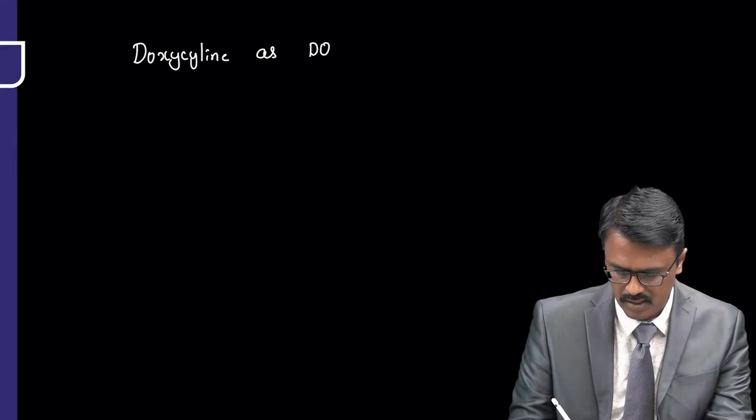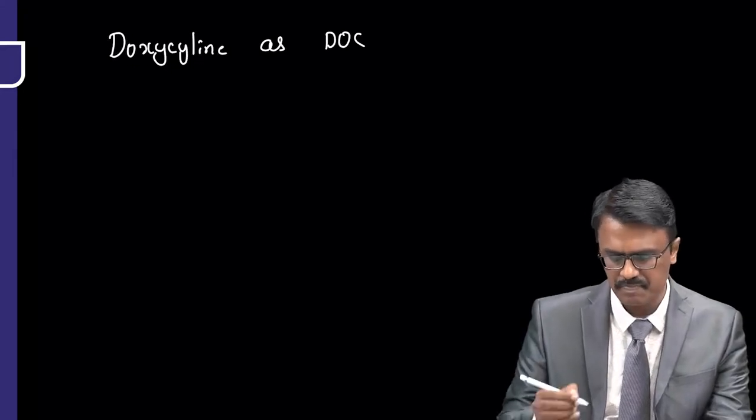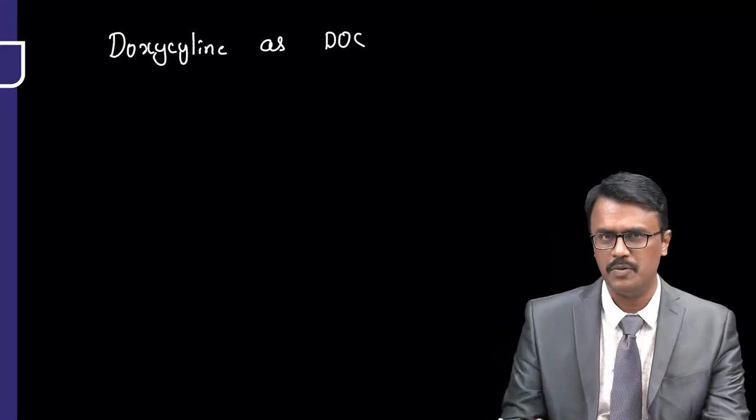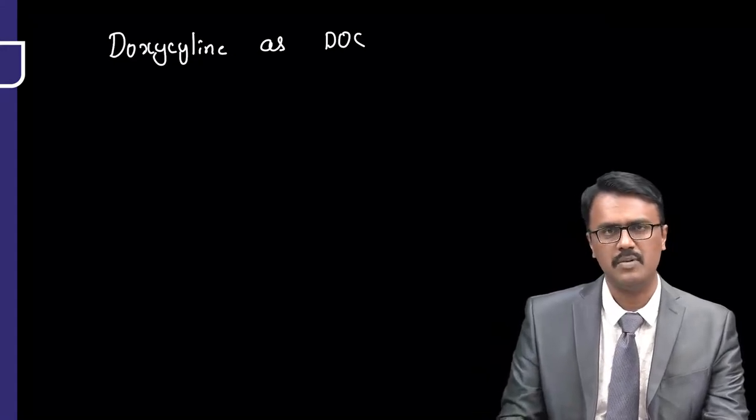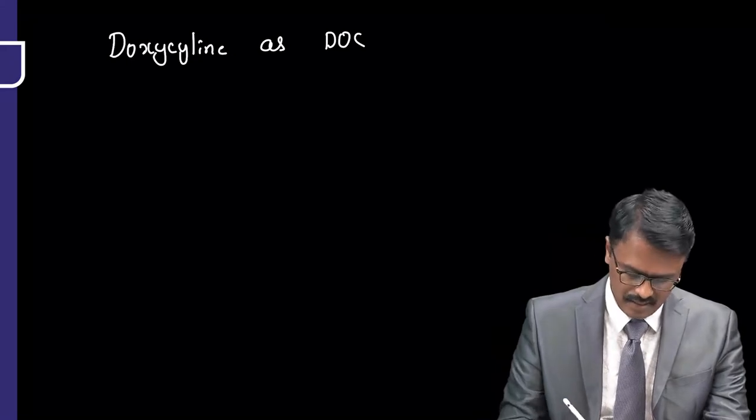So for that, most important, we have made one more thing for you. Remember this doxycycline as drug of choice. So what are the conditions where doxy is the drug of choice? If you minimum remember this much, it is easier to answer in your exams. So the mnemonic is BCG.